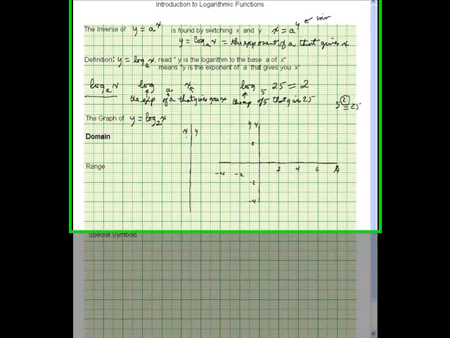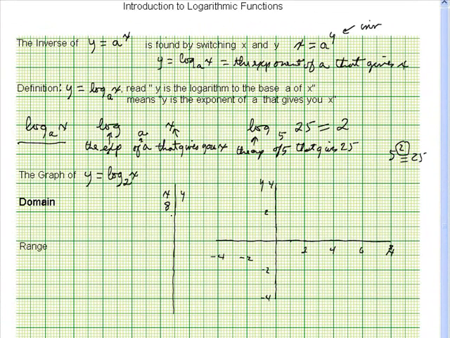So for my values of x, I'm going to be very careful. I'm going to pick things like 8, 4, 2, 1, and then this is a little more subtle. We'll talk about that when we get there. 1/2, 1/4, 1/8, and then let's figure out the y that goes with them. So y is the exponent of 2 that gives us 8. Well, 2 to the 3 gives us 8, so y would be 3.